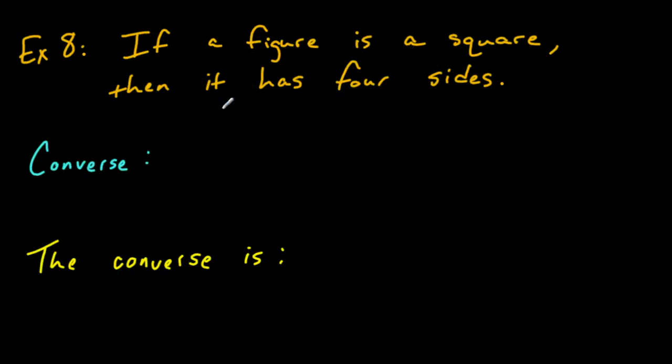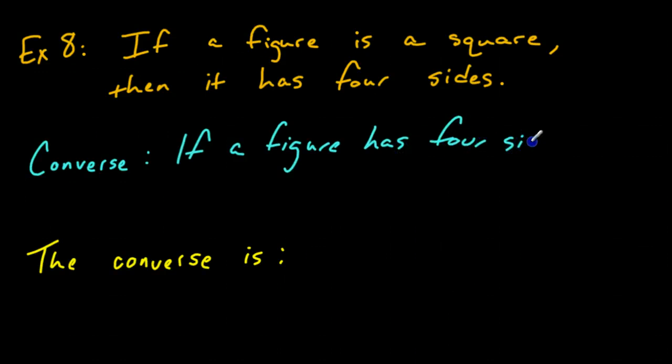If a figure is a square, then it has four sides. So the converse of that statement, all we're doing is flipping the hypothesis and the conclusion. The converse is going to be if a figure has four sides, then it is a square.